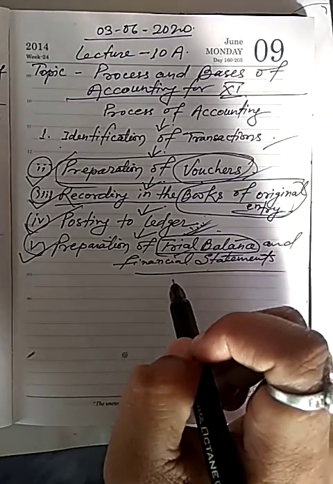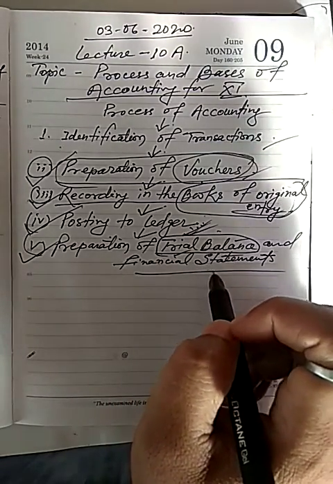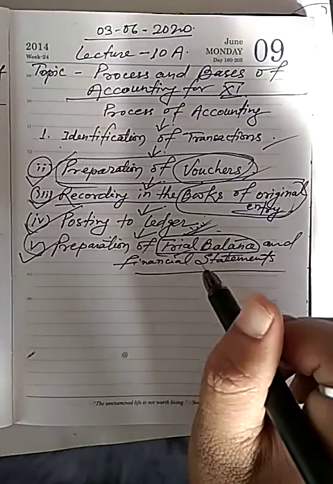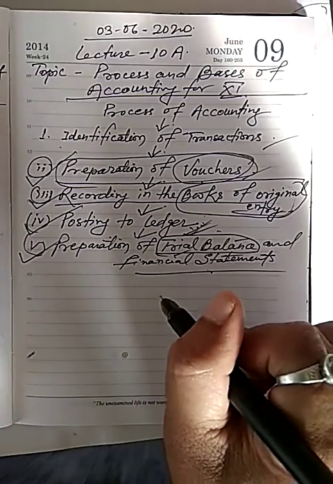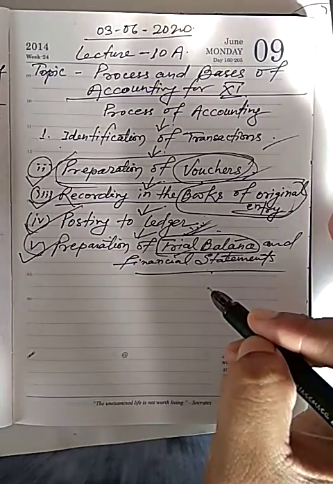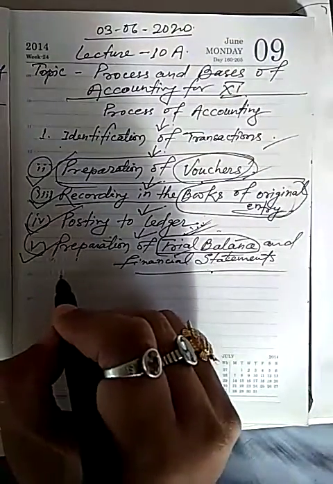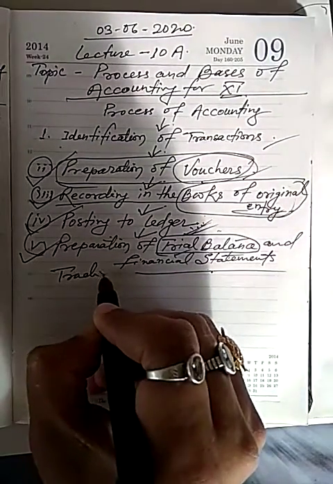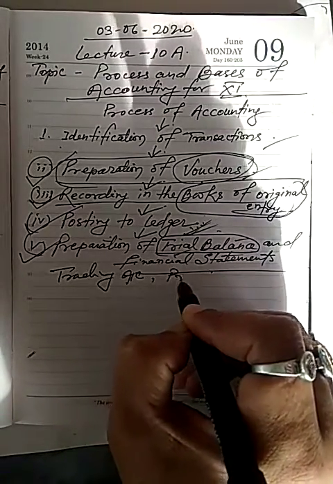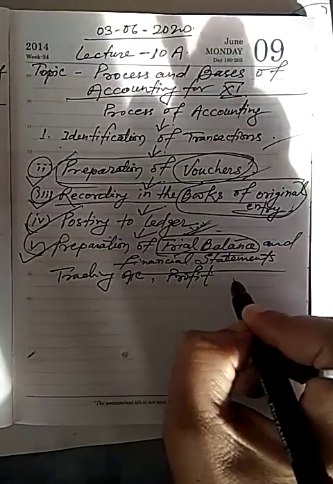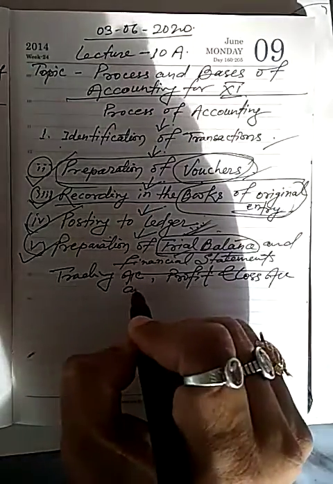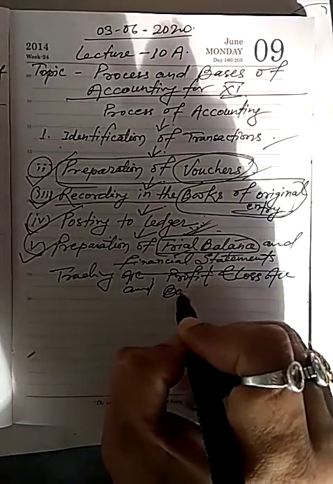As the trial balance contains the balance of all ledger accounts, it provides a basis for preparation of financial statements, namely trading account, profit and loss account, and balance sheet.